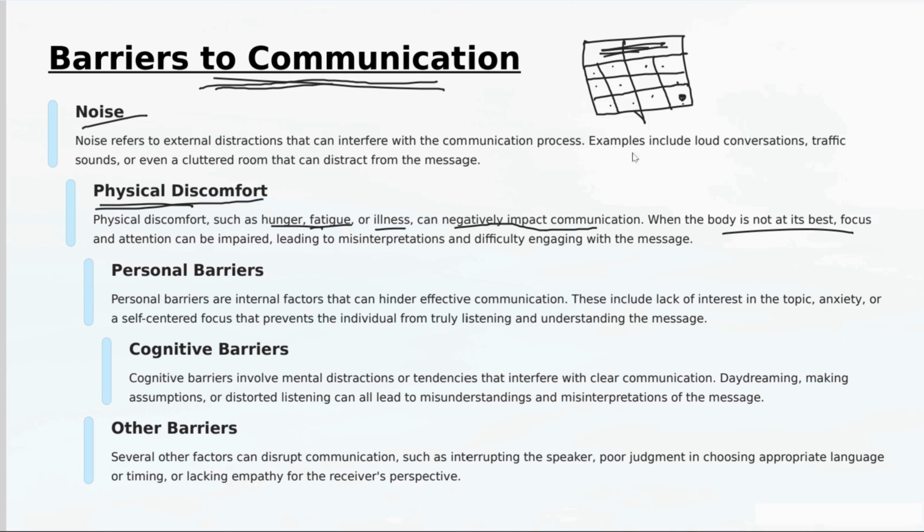Okay, now we have personal barriers, right? Personal barriers are the internal factors. That means the lesson is going on, and you are not feeling fatigued, not ill, not emotionally drained, not hungry, but still you are not able to focus. Say Ram is not able to focus because he was never interested in maths.